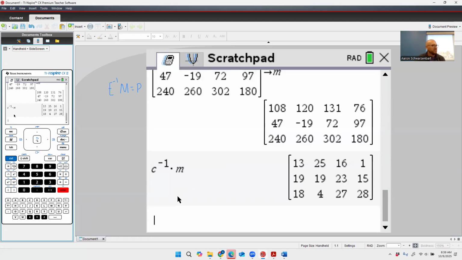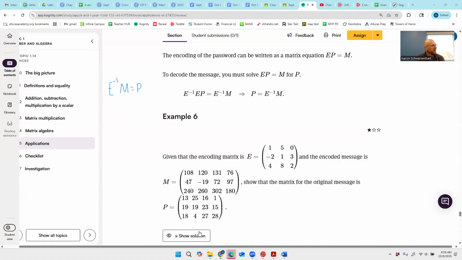Okay, now it worked. If you don't enter it correctly, it will not work.